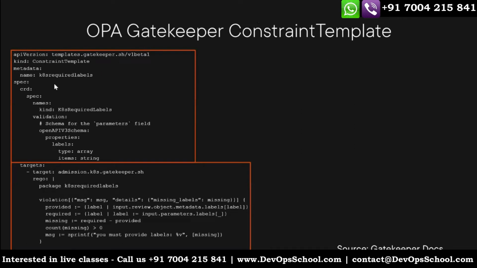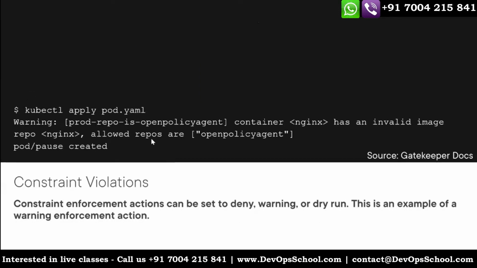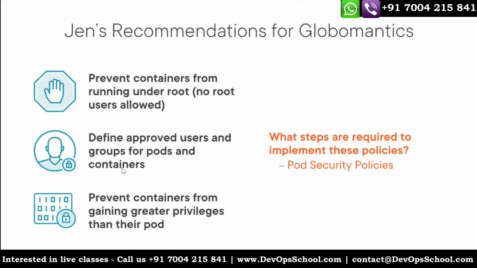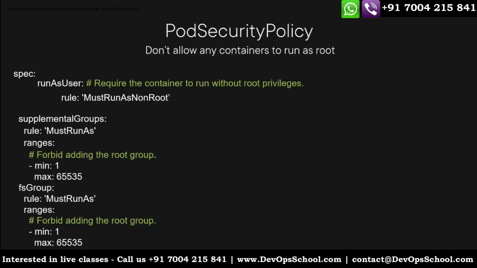Look at the kind. After that, when you run some pod, let's say kubectl apply pod, you will get a warning saying that the prod repo is open policy agent, container nginx has invalid image repo, and nginx allowed repos are only this one. Something like that you can do. So this is the stuff.